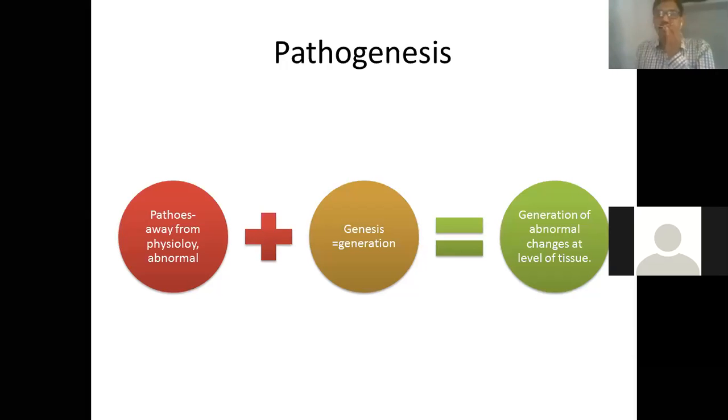I will just tell you certain similar terminologies. Pathogenesis is one terminology very commonly used. Then there is one more very commonly used terminology, pathognomonic symptom. There is also something called pathological symptom, and terminologies like pathological general.